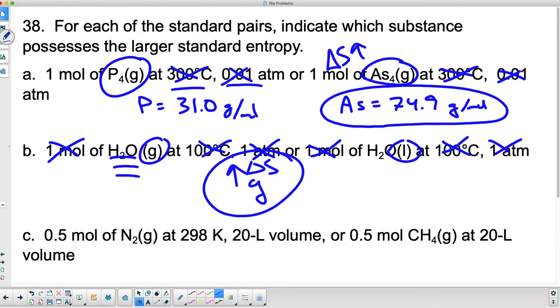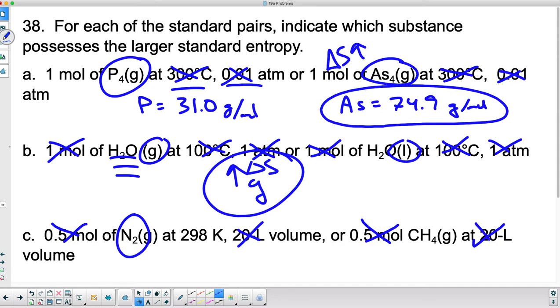Okay, 0.5 moles is the same here. 298, is that the same? I assume 298 doesn't change for either one of them. Maybe I just forgot to type that into this problem. So what does change? N2, again, 220 liters is the same.